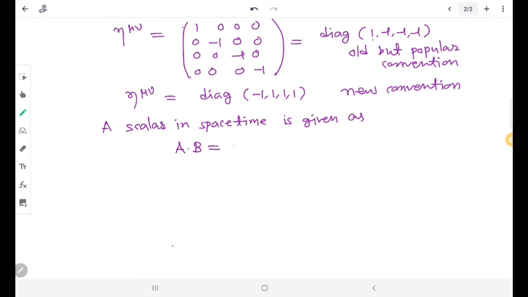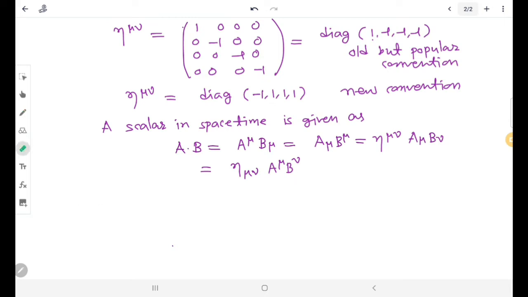A dot b means a mu and b mu. The condition is that mu must be contracted, and this can be written as mu nu also, a mu and b nu, and also it can be written as eta mu nu and a mu b nu. So there are multiple ways to write the scalar quantity.